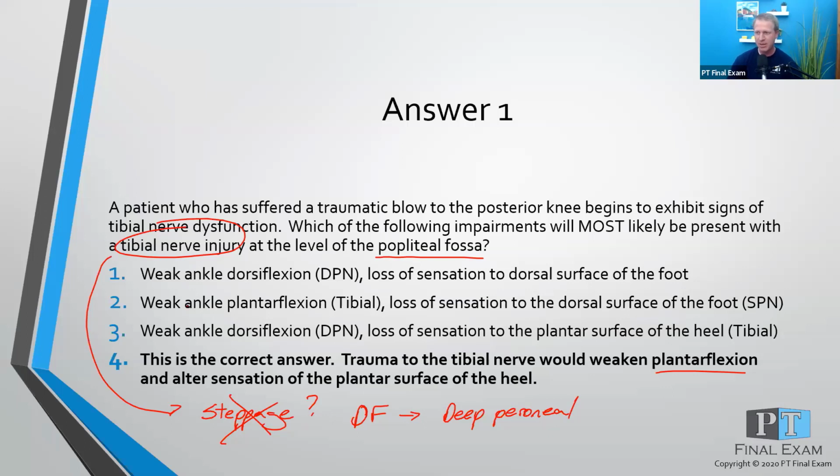So then your final follow-up question, tibial nerve injury, what gait deviation would show up? For a tibial nerve injury, what would it look like? Someone who has difficulty plantar flexing.